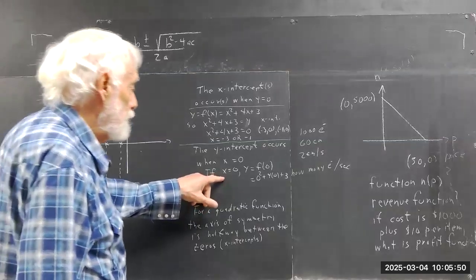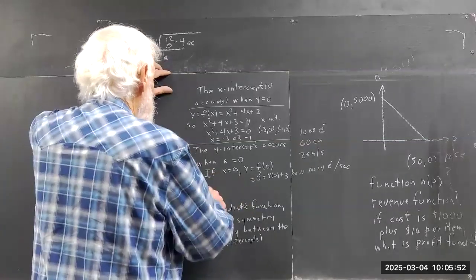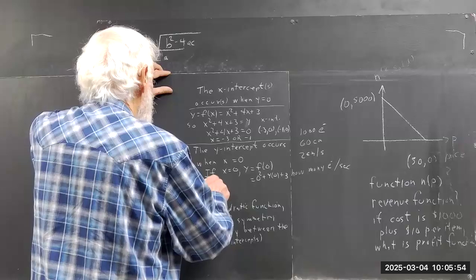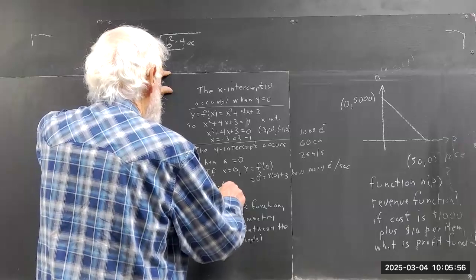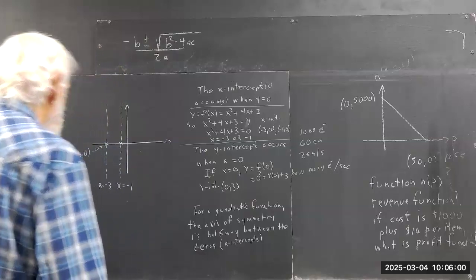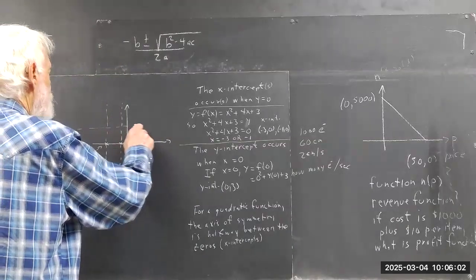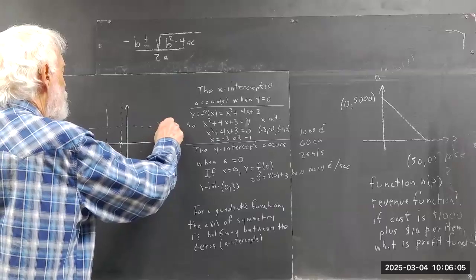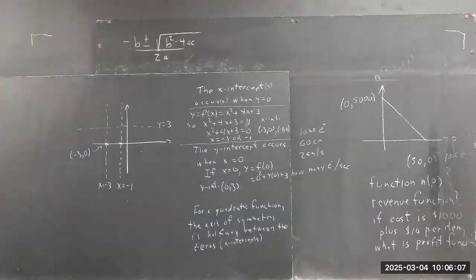Okay, now if x equals 0, y equals 3, so the y-intercept is at 0, 3. So what do we do? We draw the line that shows us y equals 3.